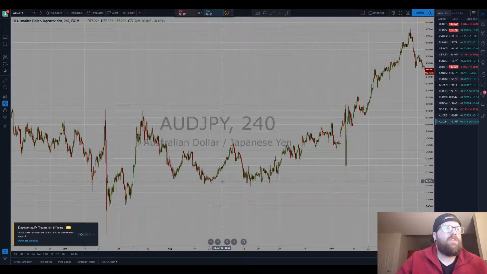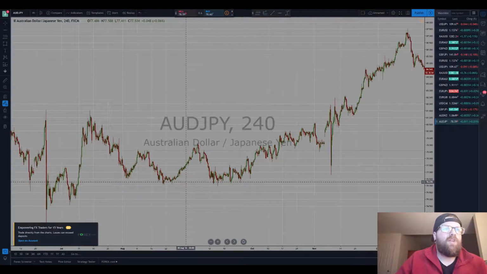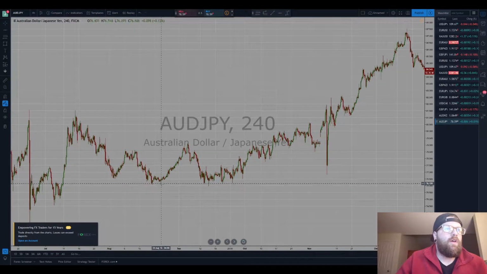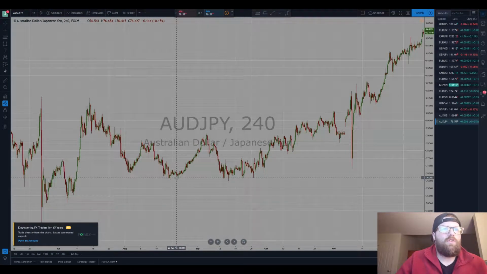But what I'm going to do is find a candlestick that best encompasses all of this, that's not super large. So I think I'm going to use this candlestick right here, this bearish hammer. We're going to identify that.